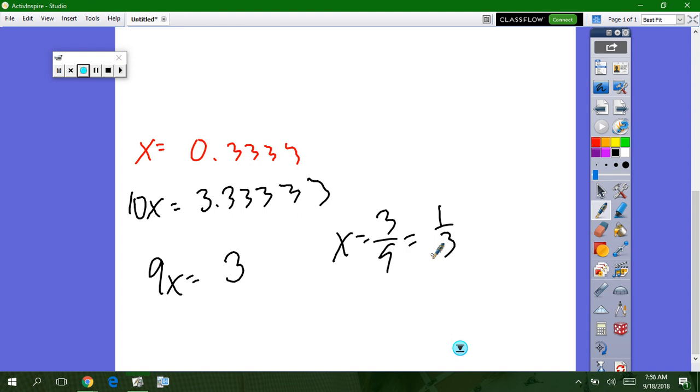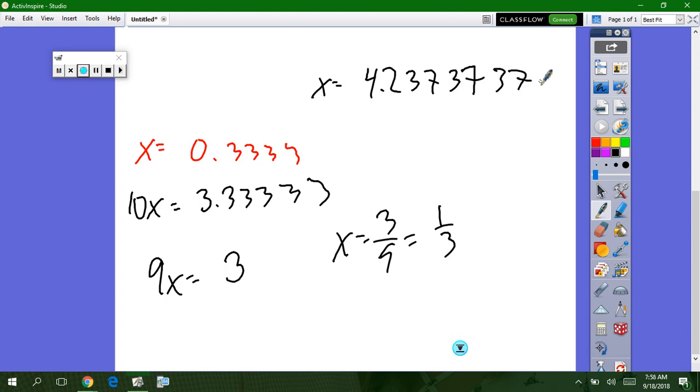Let me just show you another one. What if I had 42.23737 and so forth? Okay, does that make sense? How many times do I have to move my decimal until I get through my repeating part?